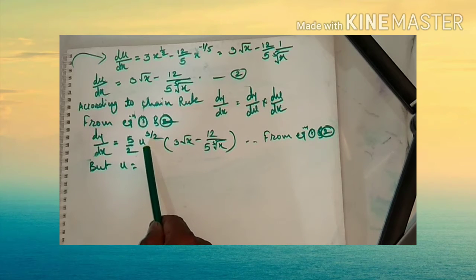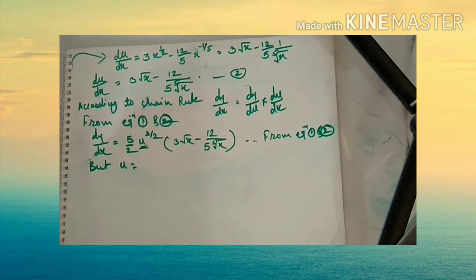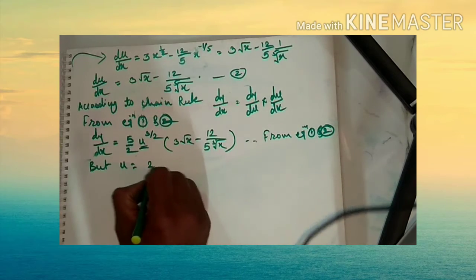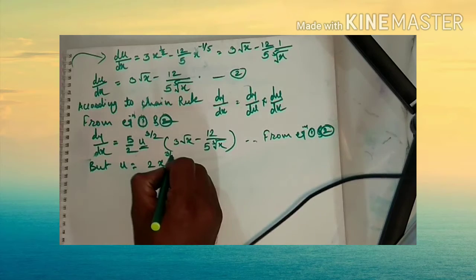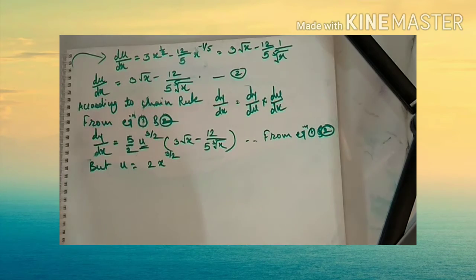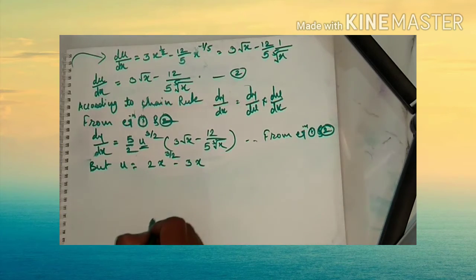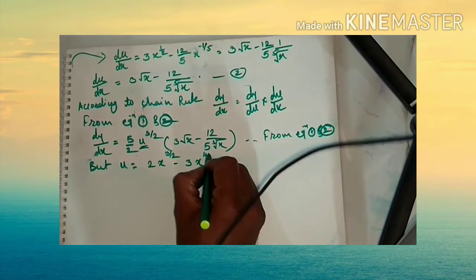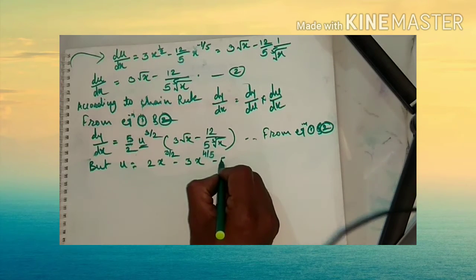But still this u is the dummy variable. This we have taken. This is not given in the problem. So we will replace this u. So its value is given as u. What was u? u was 2x raised to 3 by 2 minus 3x raised to 4 by 5 minus 5.